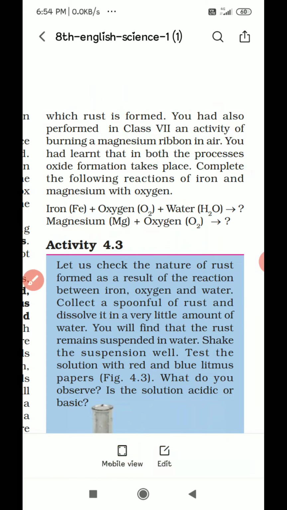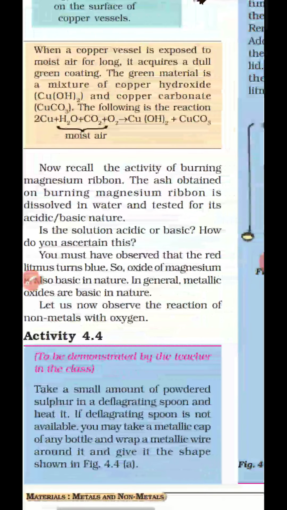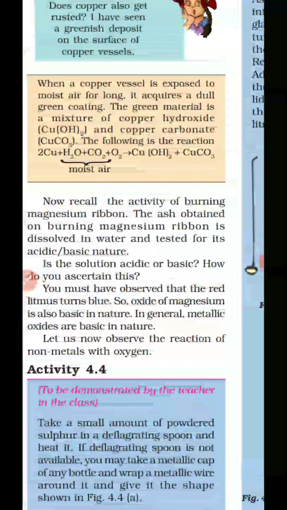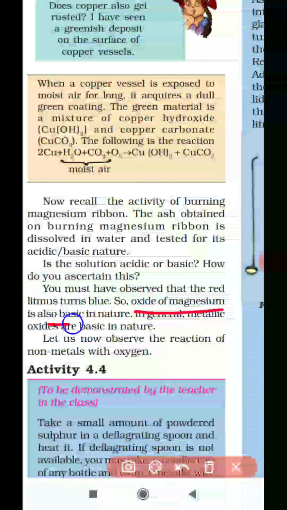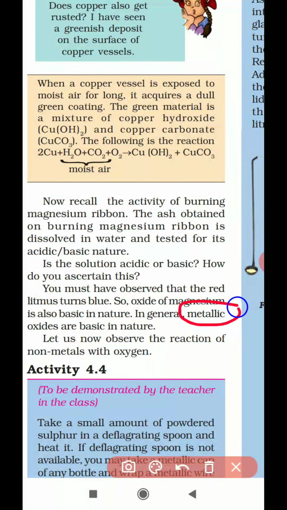So generally what I can say, all the oxides of metals are basic in nature. Meaning what? All the metallic oxides are basic in nature. One more question they may ask: metallic oxides are dash in nature. It is basic in nature.